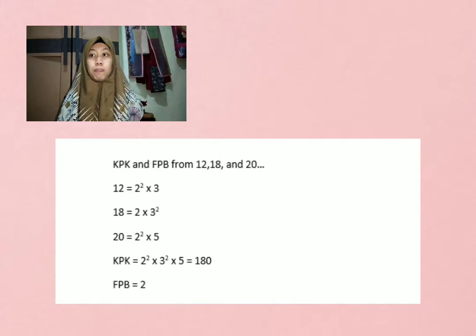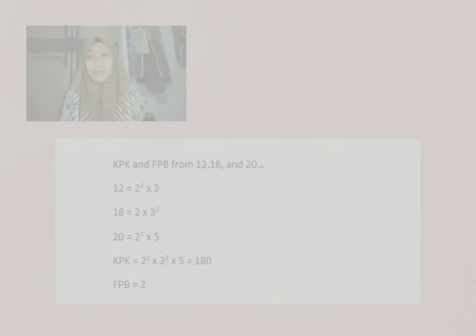So the KPK of 12, 18, and 20 is 2 raised to 2 times 3 raised to 2 times 5, equals 4 times 9 times 5 equals 180. And the FKB of 20, 18, and 12 is 2.